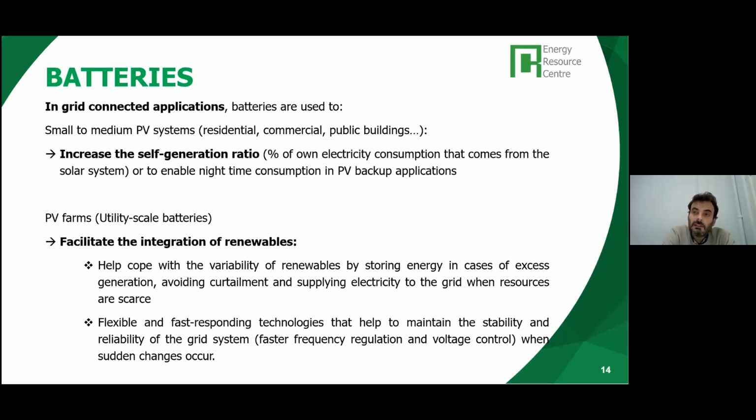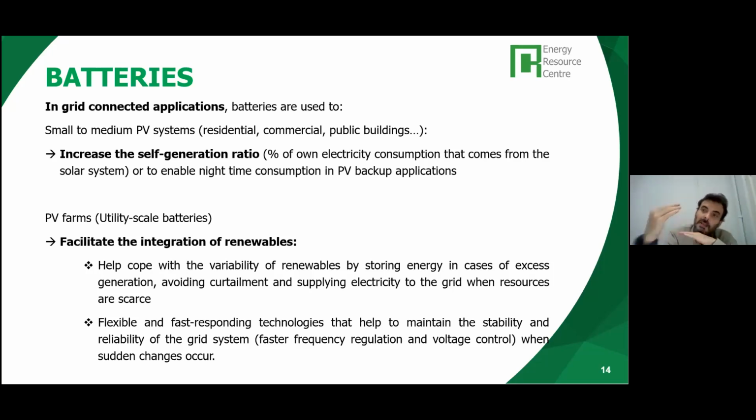Batteries are very much used and of interest because they facilitate the integration of renewable energy generation. They help smoothen the output of the PV plant, and they can help with the ramp up situation in the power. They can smoothen the power curtailment. They can enable spinning reserve, etc.